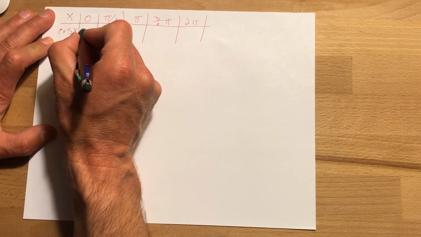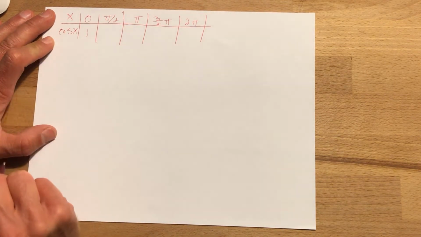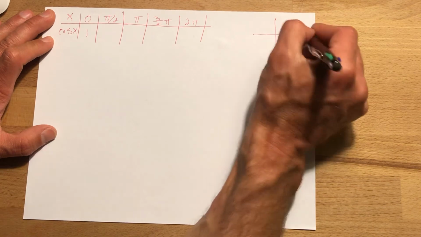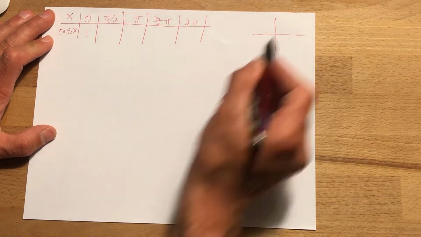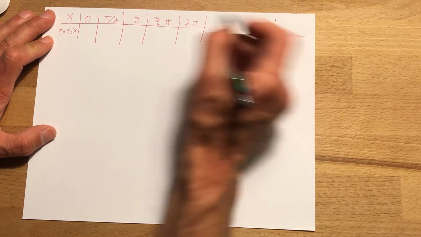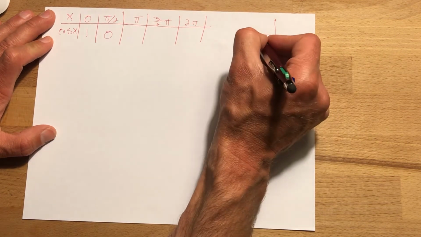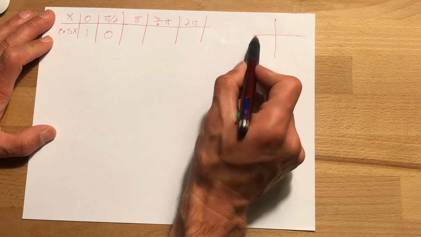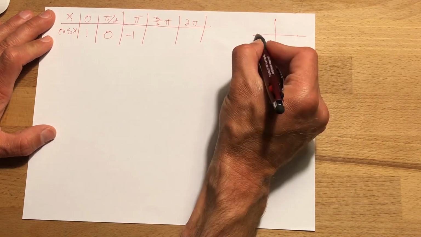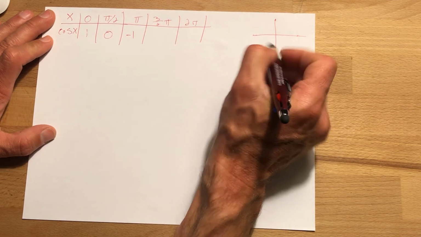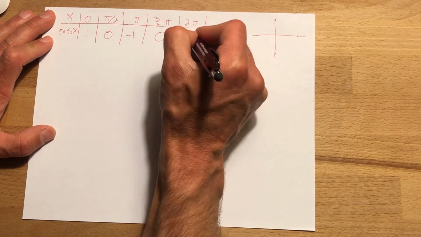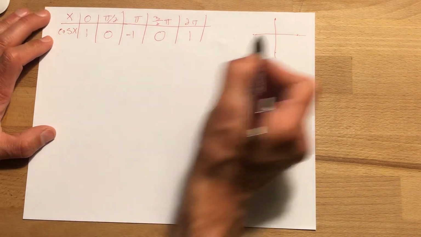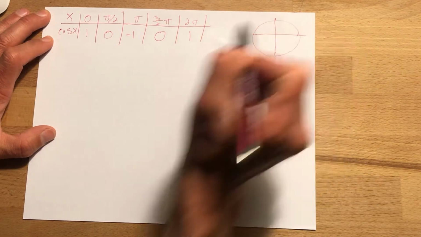If I start at 0, I'm at 1 on my x, because remember, 0 is right here, which is (1, 0). If I'm here, what's my x coordinate? 0. If I'm here, what's my x coordinate on pi? Negative 1. If I'm here, what is my x coordinate? 0. And if I'm back here, what is my x coordinate? 1. This is one full rotation on a unit circle.